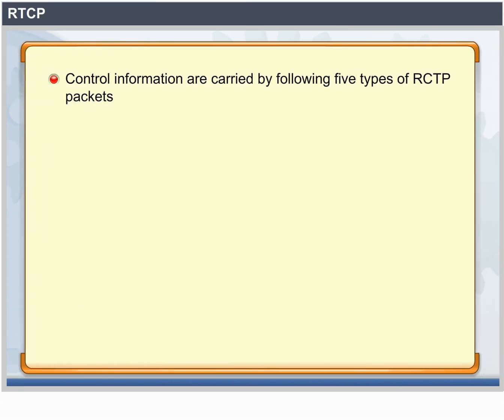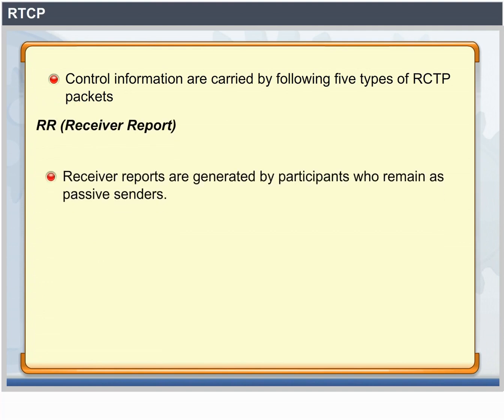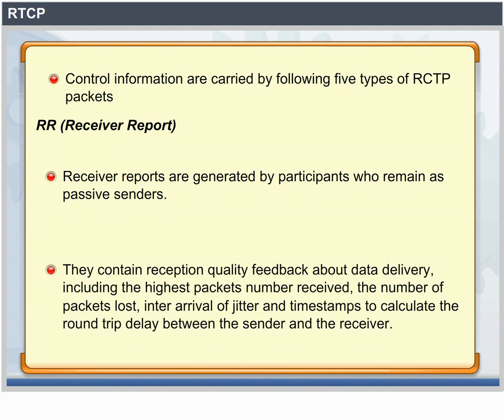5 types of RTCP packets that carry control information. RR, Receiver Report. Receiver reports are generated by participants that are not active senders. They contain reception quality feedback about data delivery, including the highest packet number received, the number of packets lost, inter-arrival jitter, and timestamps to calculate the round-trip delay between the sender and the receiver.